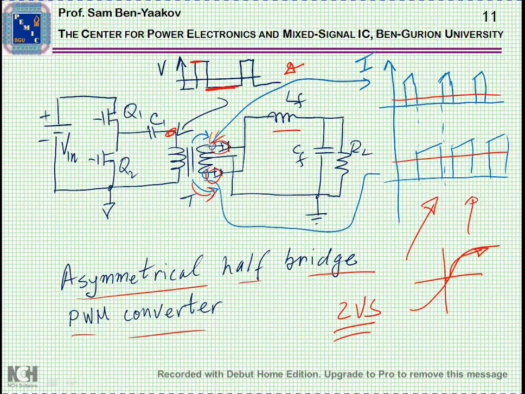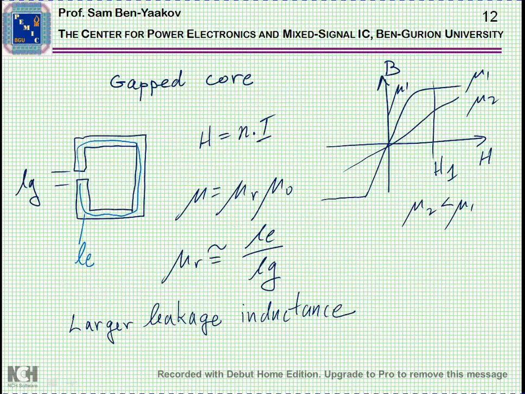So the way to remedy this is actually to introduce a gap into the core, like we do in inductors. What is the gap actually doing? The gap is sort of lowering the permeability. Instead of having the original permeability, we have a lower permeability.